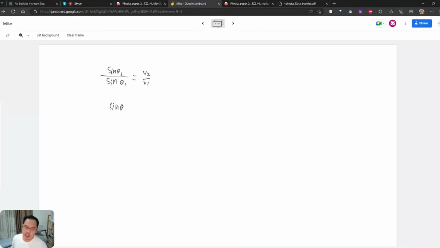Theta 2 is the angle we need to find. Theta 1 is 54 degrees. Convert your calculator into degrees, not radians. V2 is in the air, which is 340. V1 is in the metal, which is 6,010.